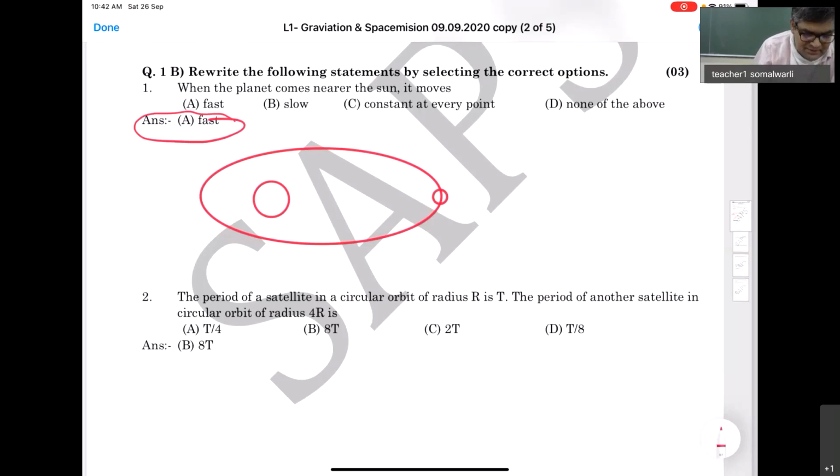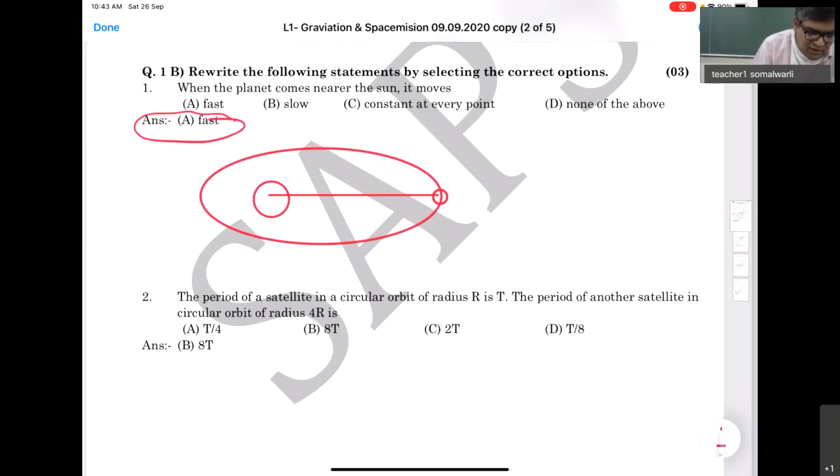Now what happens, as the orbit is elliptical, when the planet comes nearer the sun, it has to maintain its areal velocity. It has to cover the same area. The line that joins the planet and the sun or the star sweeps equal area in equal interval of time. That is Kepler's second law.